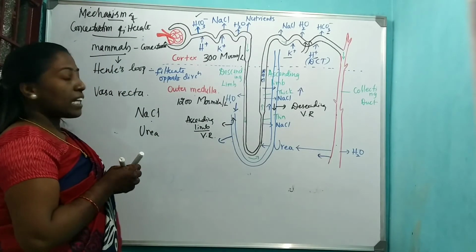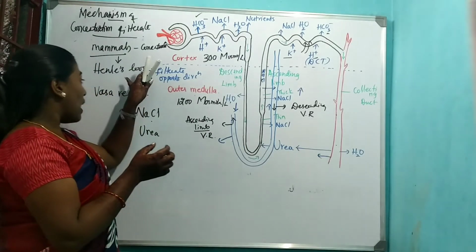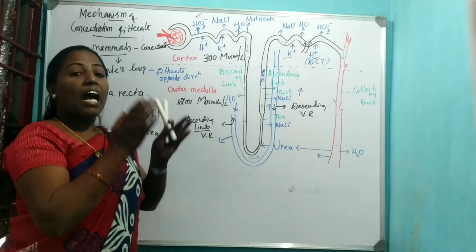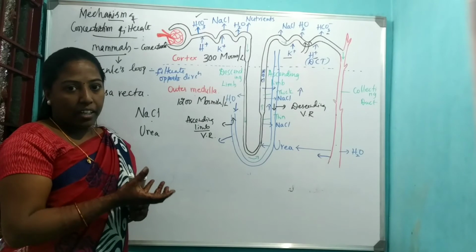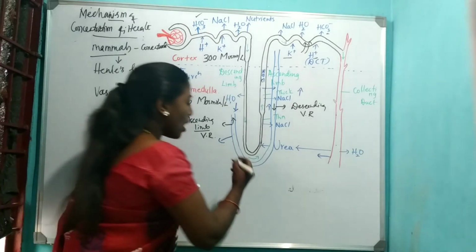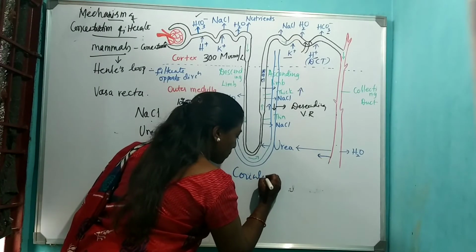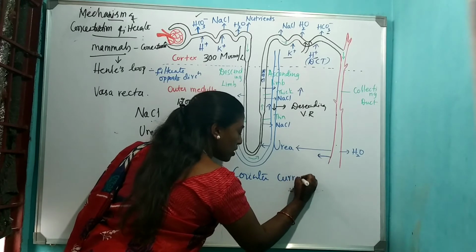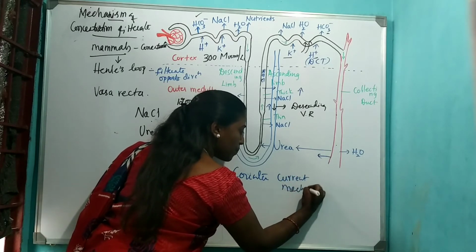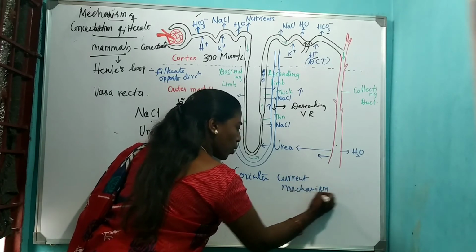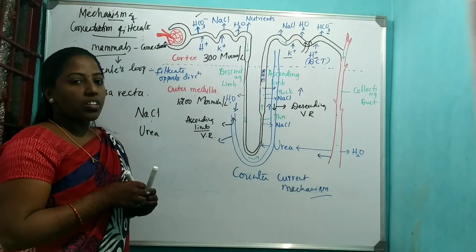Here you can see that Henle's loop and the vasa recta are arranged in a specific manner that we call the countercurrent mechanism, which helps in producing highly concentrated urine.